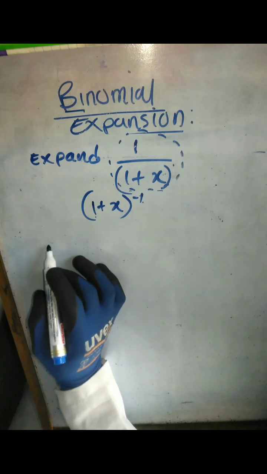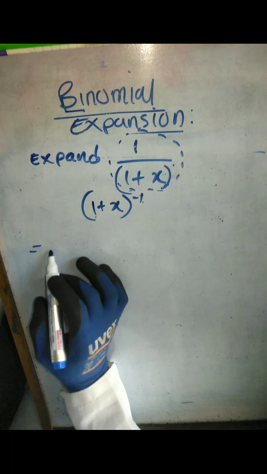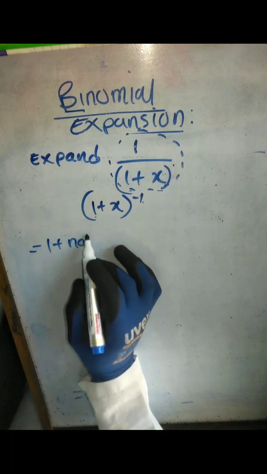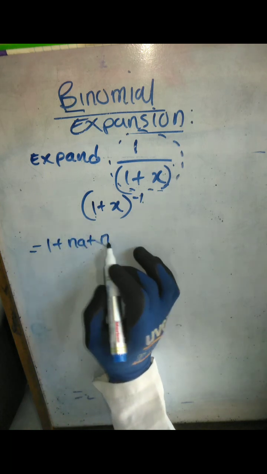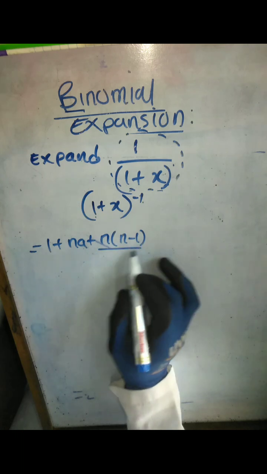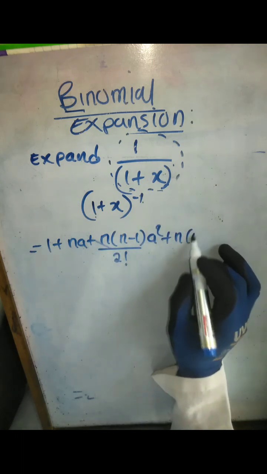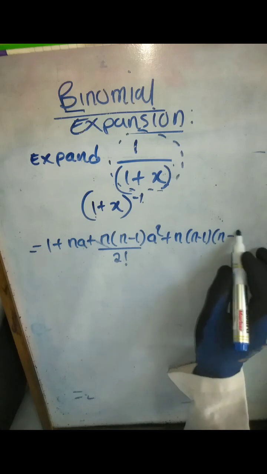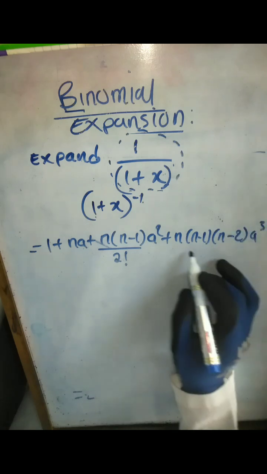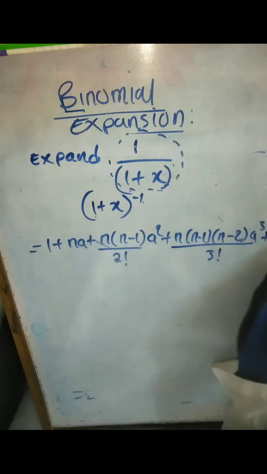So we can expand this by saying it equals 1 plus na plus n(n minus 1) over 2 factorial, a squared, plus n(n minus 1)(n minus 2) over 3 factorial, a to the power 3, plus and so on.